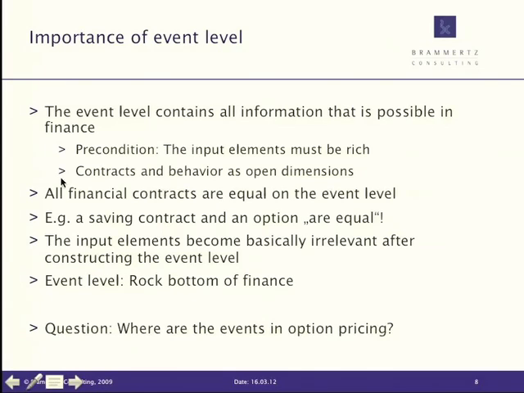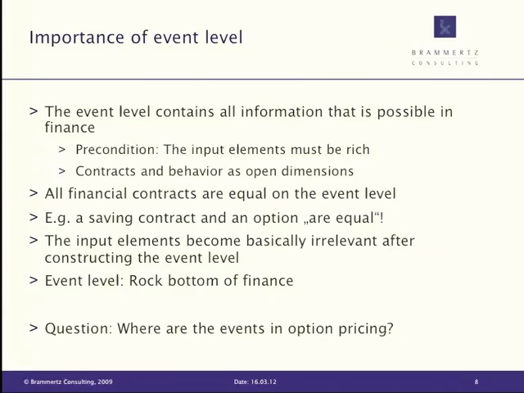Once we have created the financial events, then all contracts are equal, in the sense that a saving account can be looked at like an exotic option. Of course, exotic options have many more different events than saving accounts. But where they overlap, there they are even.